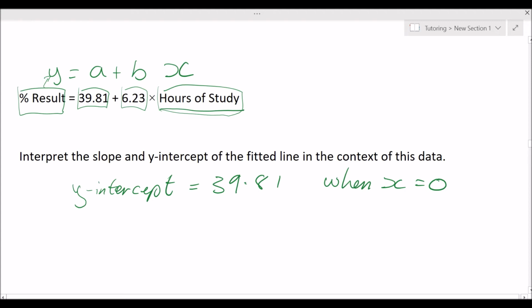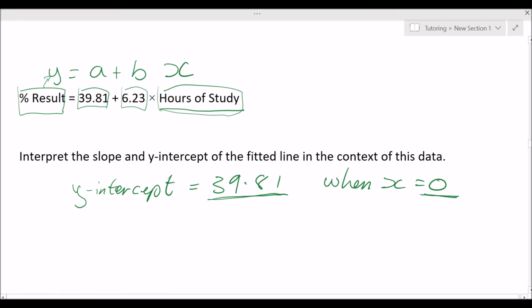So that means when a student has done no study, their predicted result is 39.81%, which we all know is a fail because you have to have greater than 40% to pass. Okay, so if you do no study, 0 hours of study, the predicted result is 39.81.